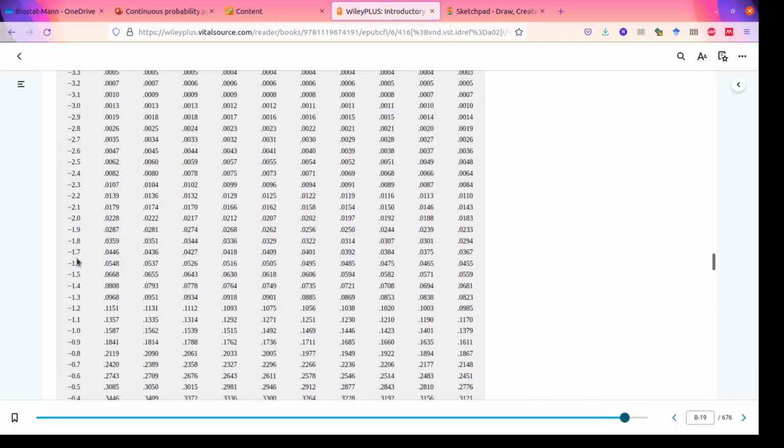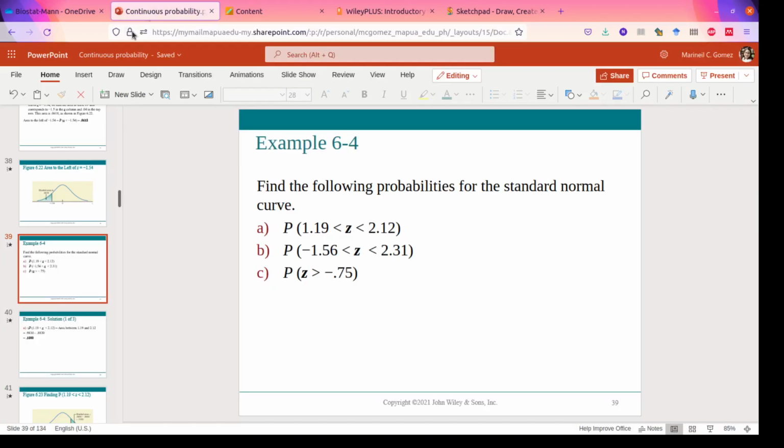Looking at the row for 1.5 and the column for 6, it's 0.0594. Am I correct? This is 0.0594.